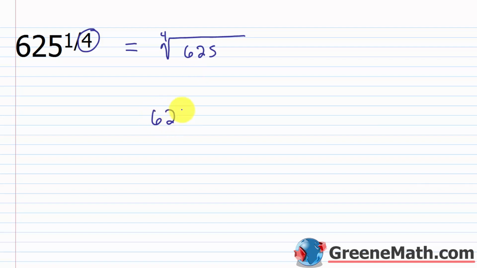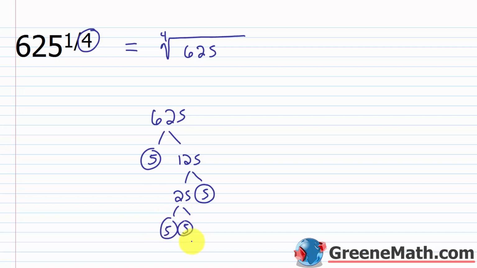Or again, go ahead and just factor this guy. This, we can say, ends in a 5. So it would be 5 times 125. 125 is 25 times 5. 25 is 5 times 5, okay? So what number multiplied by itself 4 times gives me the radicand of 625? Well, 5, right? I've got 1, 2, 3, 4 of these guys. So I can just answer this and say this is going to be 5.